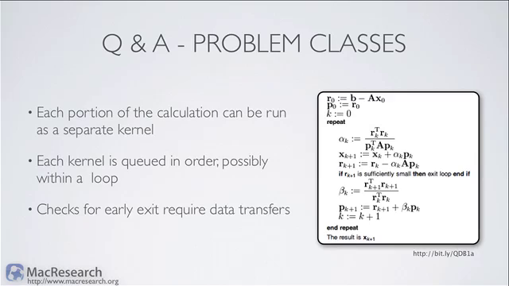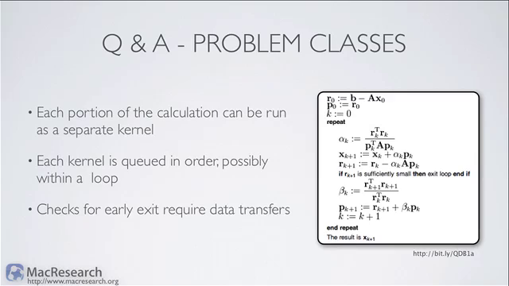You can see that we're doing some vector multiplication, vector matrix multiplication, things like that. So you might have to generate a special kernel for that or whatnot. But the point being that you can queue up all of these types of calculations, and you can execute them in order, the way that you would do it on a CPU. The one thing that you have to keep in mind, certainly in conjugate gradient, is that there are cases where you'll be doing calculations, and the calculations will say, is there an early exit condition?